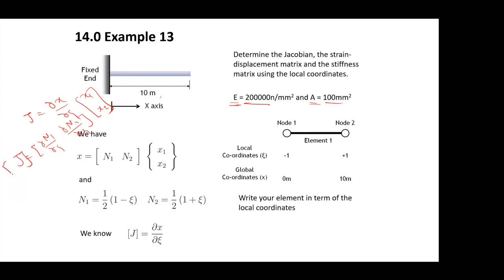I want you to figure out the exact number of the Jacobian in this example. As I said, this is just numerical. This is just to encourage you to read through what we have done today before I move into the 3 noded elements. Okay, so take 10 minutes to read what I've been showing you, and then try to find the value of the Jacobian.